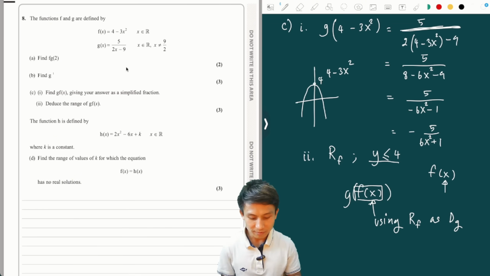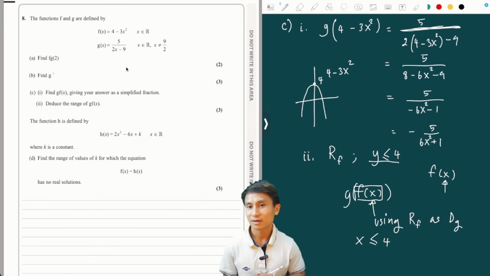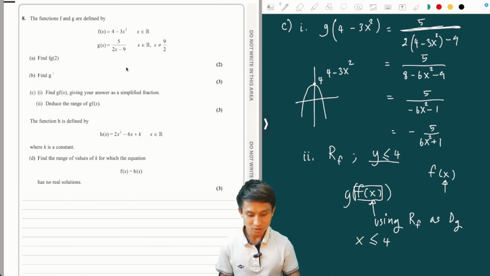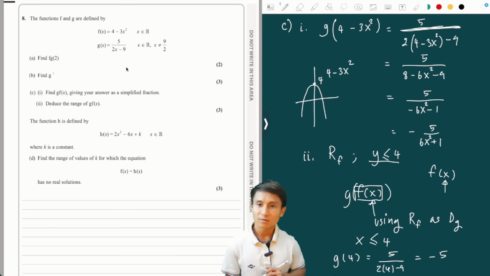So we're going to use the domain x less than or equal to 4 to find the range of g. Okay, so we're going to use x less than or equal to 4 to look at the expression of g(x) and determine what would be the range if we use this domain. So if you sub 4 in the expression, g(4) is 5 divided by 2 times 4 minus 9, and that is minus 5, right?